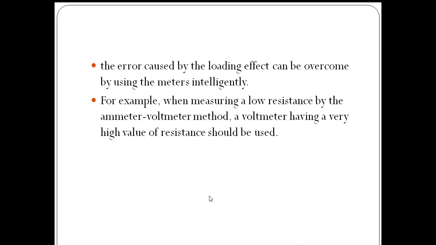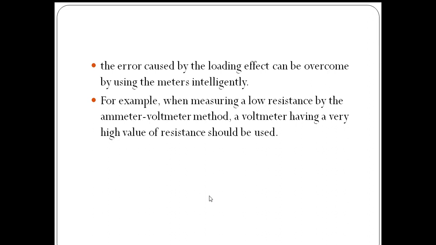Let us take an example. For measuring low resistance by using the ammeter-voltmeter method, a voltmeter having a very high value of resistance should be used. To measure low resistance, we are using the voltmeter and ammeter method.